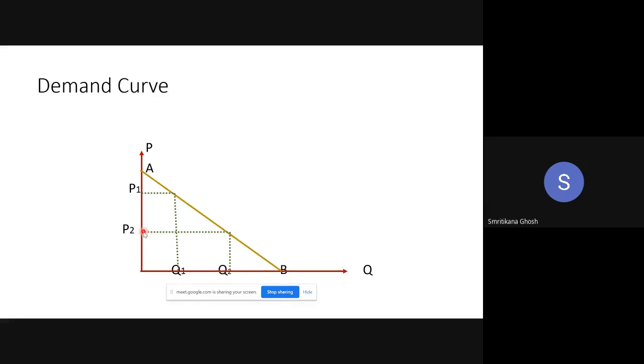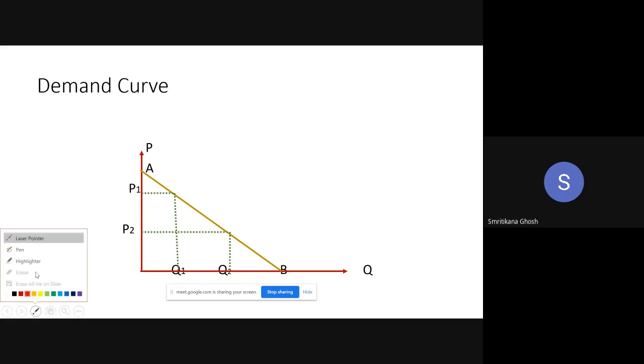If you join P2 and Q2, you will get another point. In this way, for different price levels you will get different quantities demanded, and a particular combination point for each pair. If you join all those points, it will be a downward sloping line. Here it is a straight line, but it may be a curve.